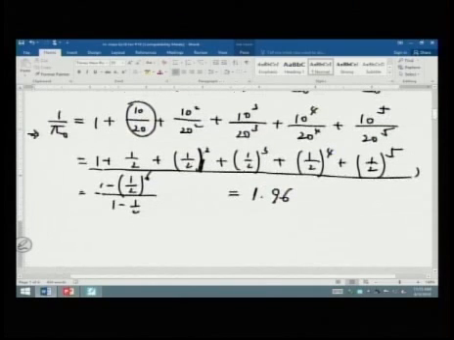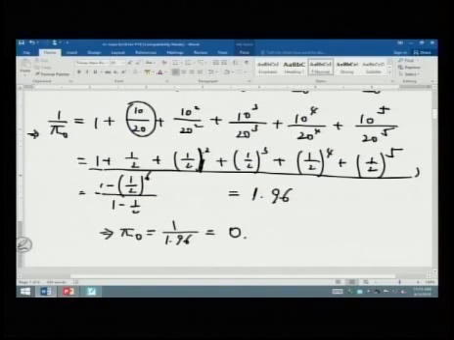So what is pi 0? So pi 0 is 1 over 1.96. So it's a little over 50%, right? What is this? Could you give me the number? It's 0.5 something. That's right. 0.510.